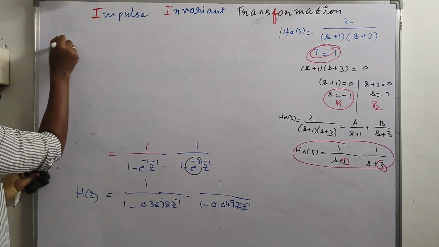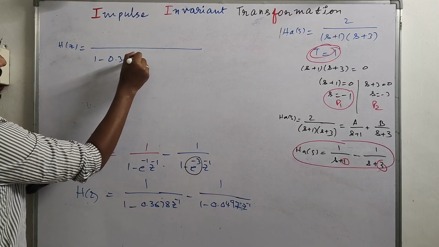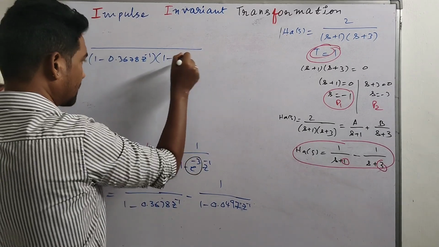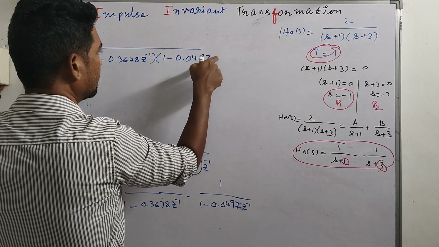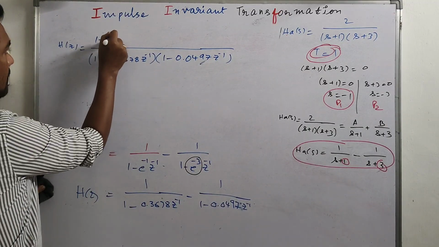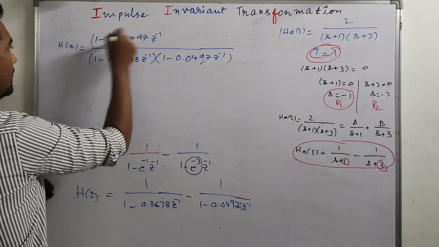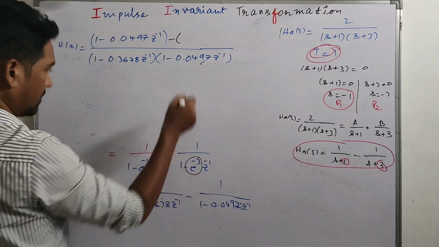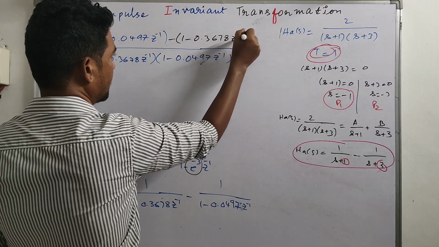Cross multiplying, H of z will be these two factors: 1 minus 0.3678 z raised to minus 1, multiplied with the denominator part, 1 minus 0.0497 z raised to minus 1, and cross multiplying this one, 1 minus 0.0497 z raised to minus 1 is multiplied with 1 minus 0.3678 z raised to minus 1.